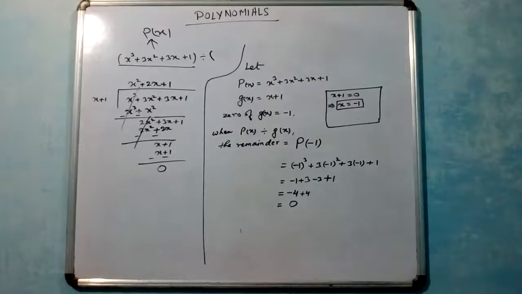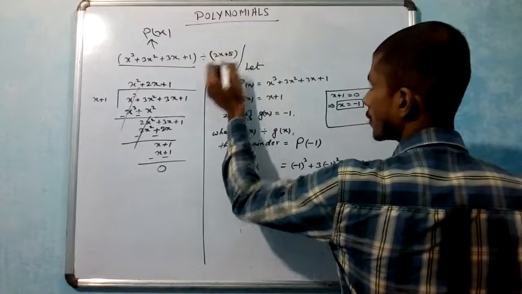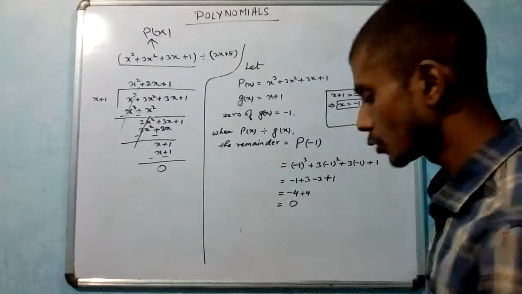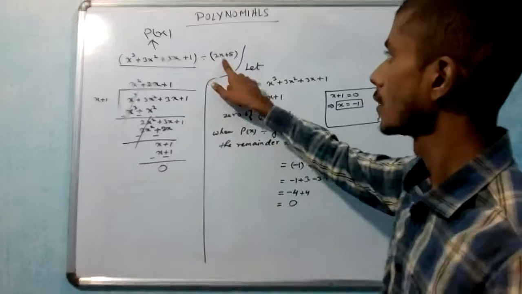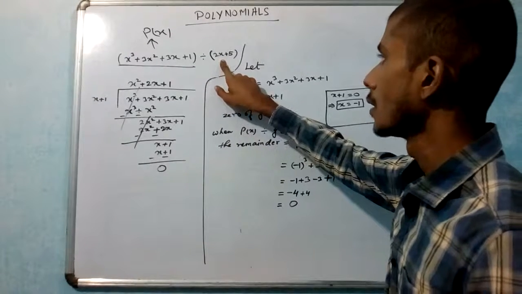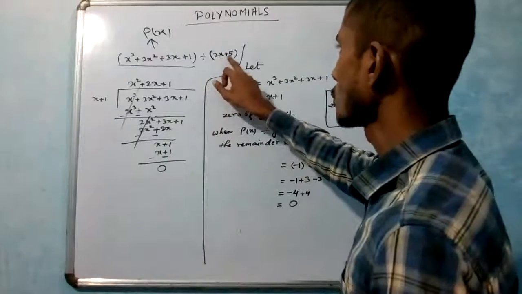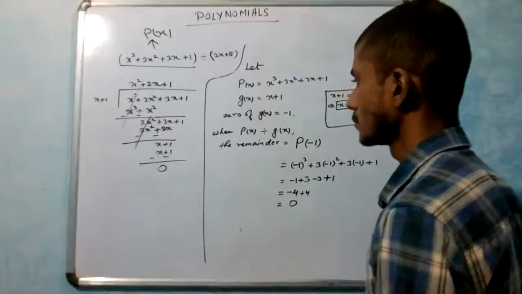So can I write 2x plus 5? Why should I write 2x plus 5? In the fifth question you see, it's given 5 plus 2x. We find the remainder when this px is divided by 5 plus 2x, so I am writing 2x plus 5. Is it different?